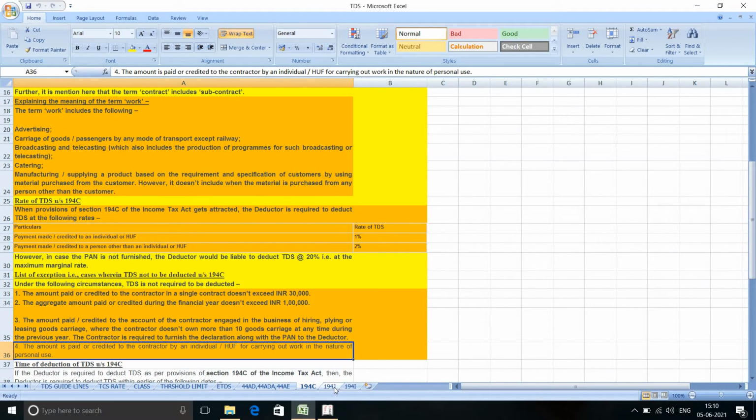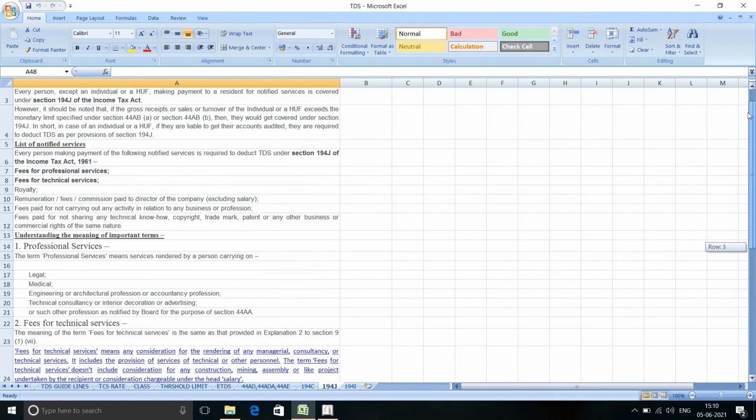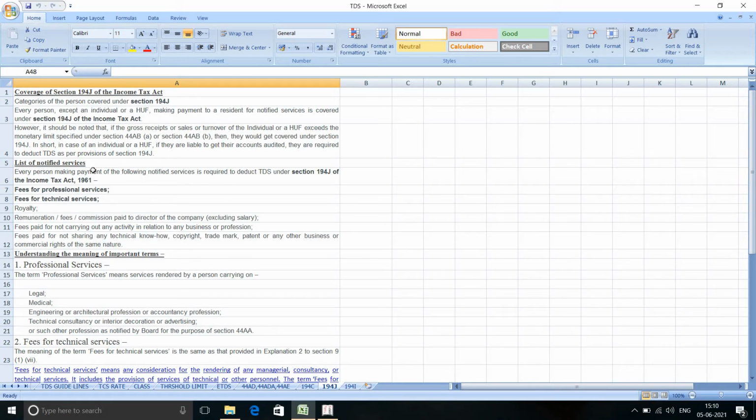Then I will move to 194J, TDS on professional charges. Every person except an individual or HUF making payment to a resident for notified service is covered under section 194J. What is professional?